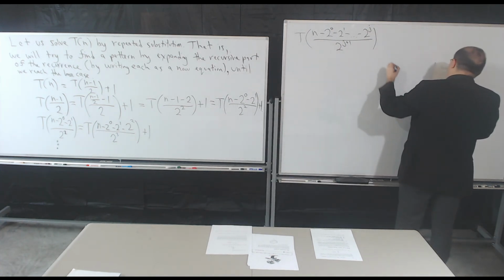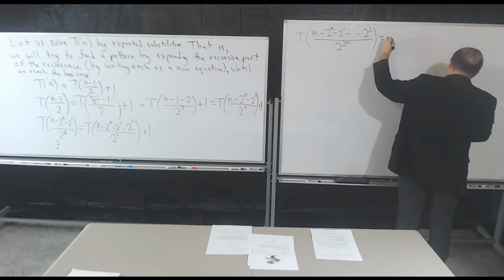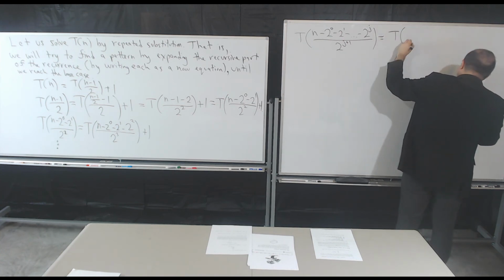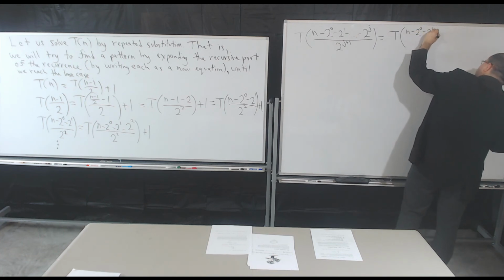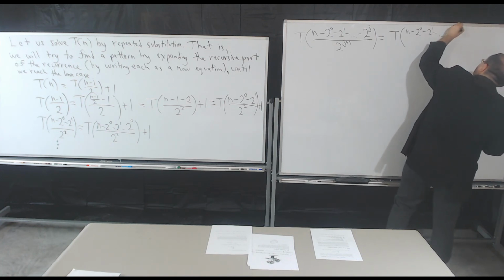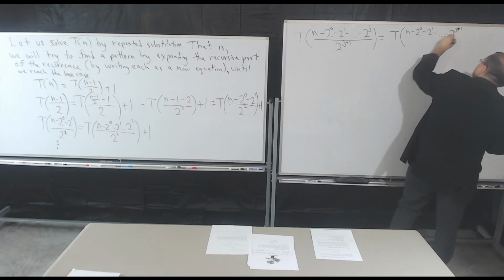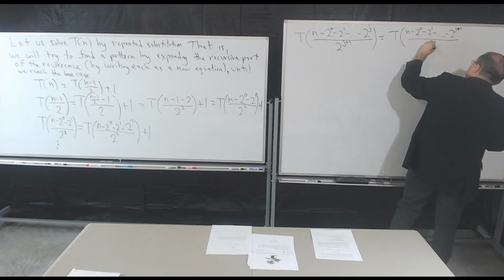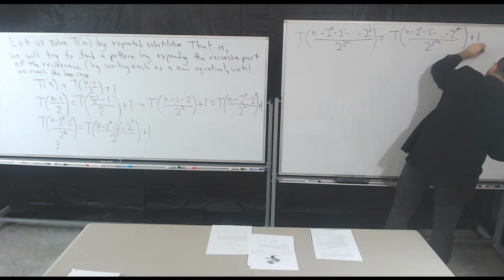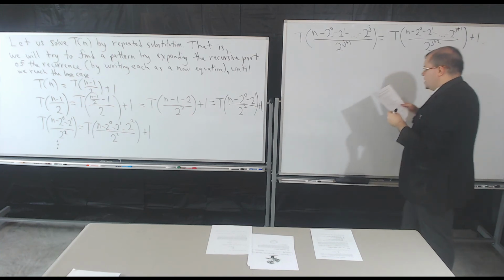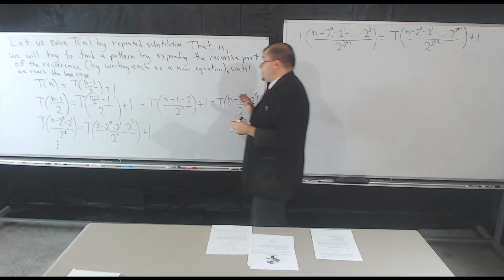So what's this? Well, I can just write this again. This is just t of n minus 2 to the power 0, 2 to the power 1, all the way till 2 to the power of j plus 1, all over 2 to the j plus 2 plus 1. But I want you to observe something that's interesting.